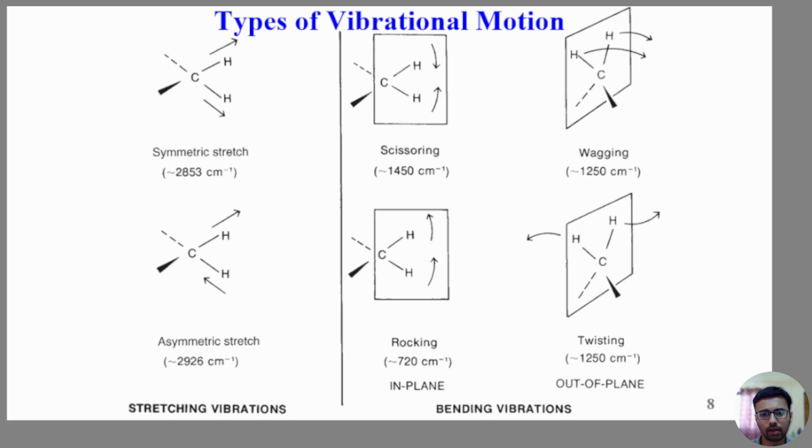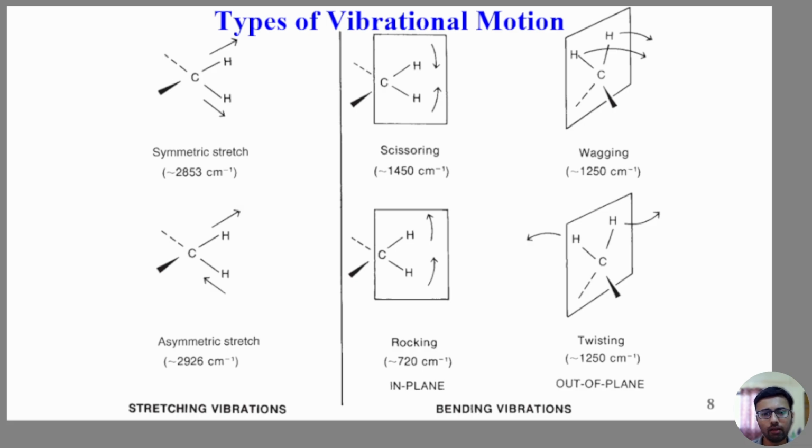Now, let us compare these bending vibrations with stretching vibrations. For example, in the CH2 group, the symmetric stretching vibration appears around 2853 cm⁻¹, and the asymmetric stretching vibration appears around 2926 cm⁻¹.